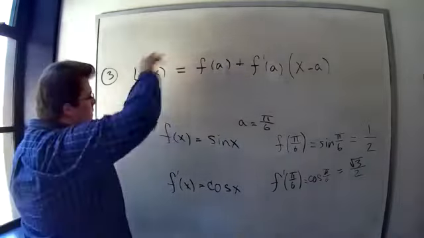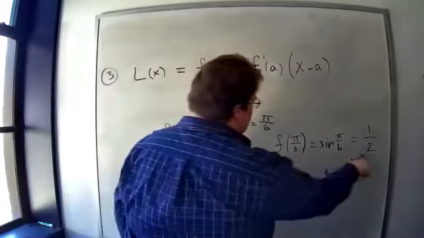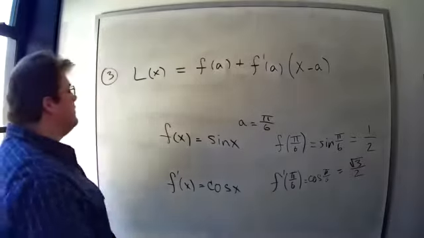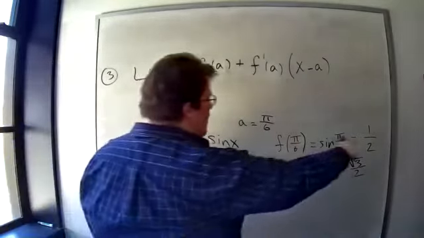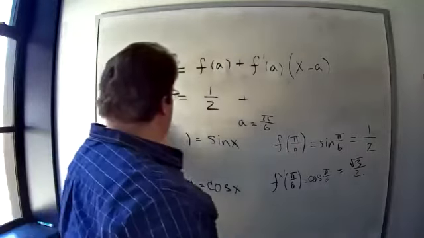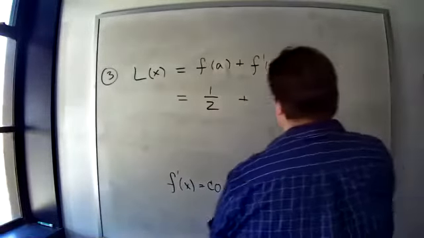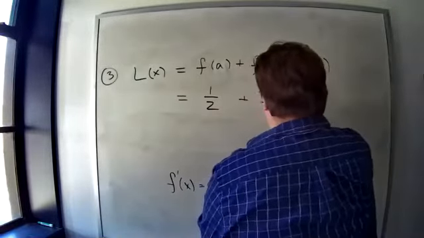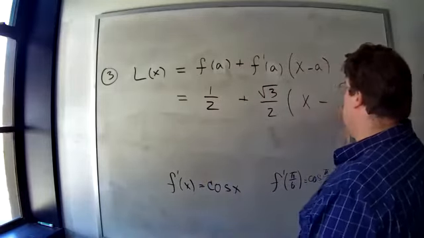So like in this linear approximation formula, I'm jumping over all these x's and just using these values. So here, f at pi over 6 is a half plus f prime at pi over 6, which is root 3 over 2 times x minus a.